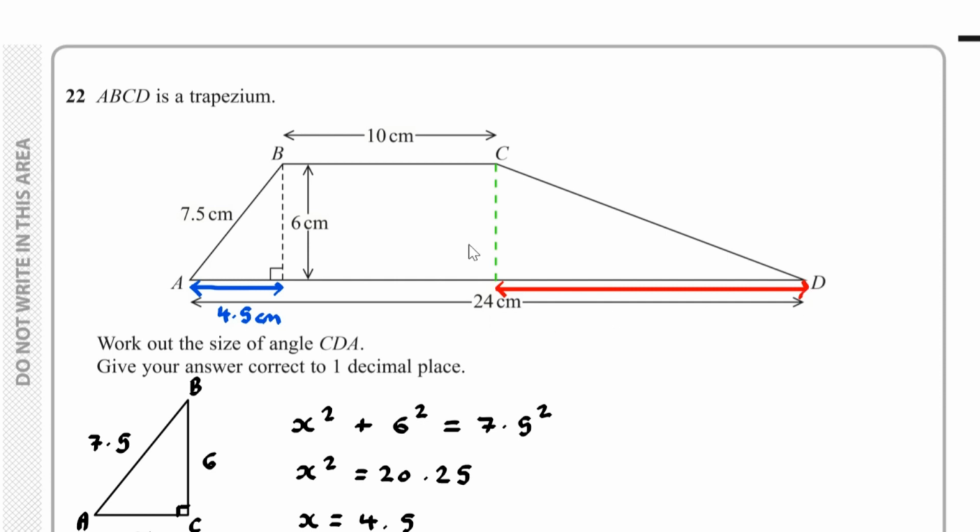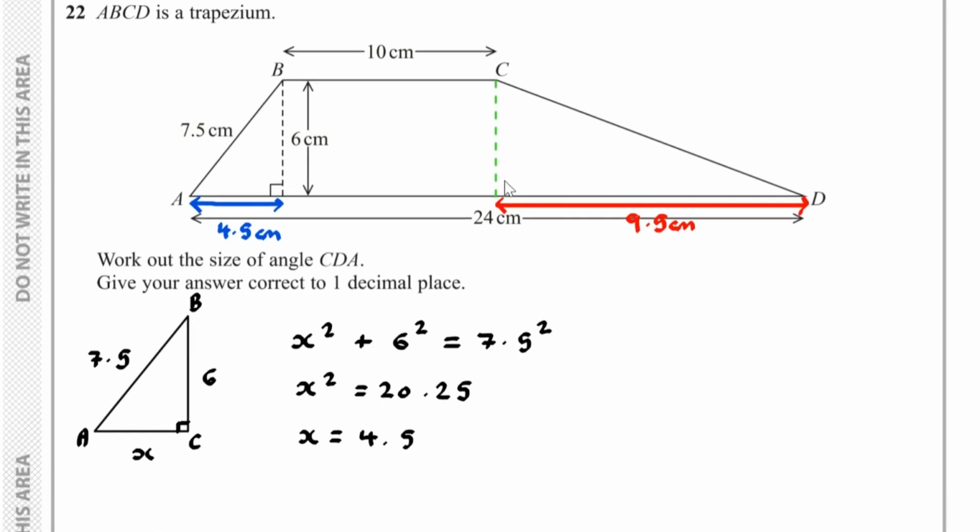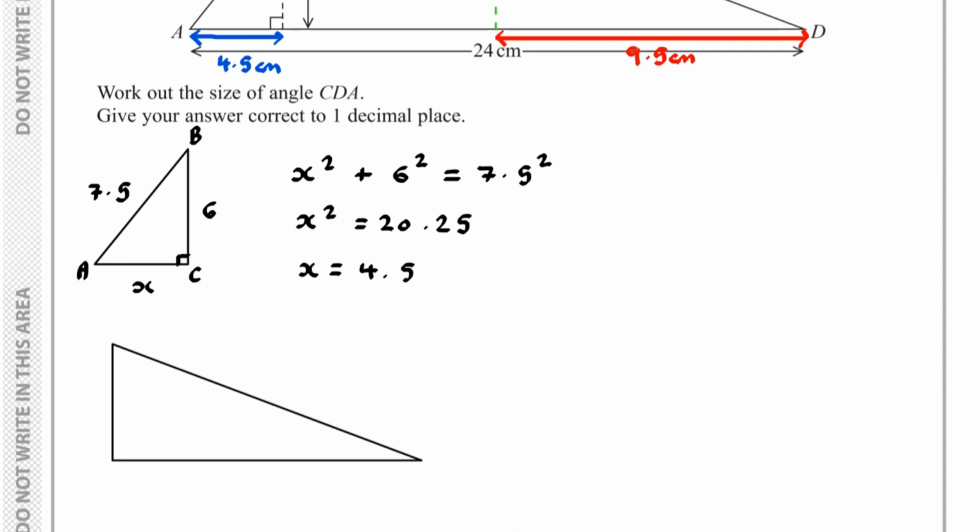We've got 24 take away 10 take away 4.5, which is 9.5 centimeters, and now we can find out the angle required. So here is our right angle triangle. We've got 9.5 here, 6 over here, and we need to find out this angle here.